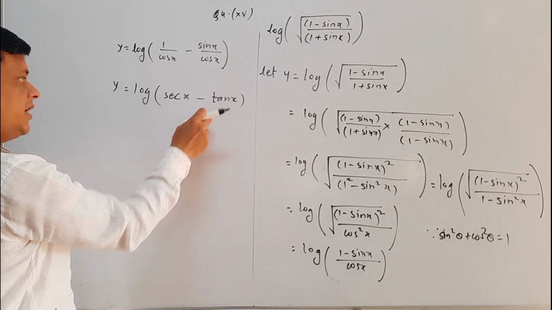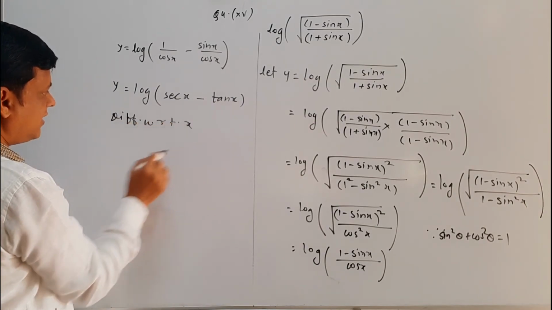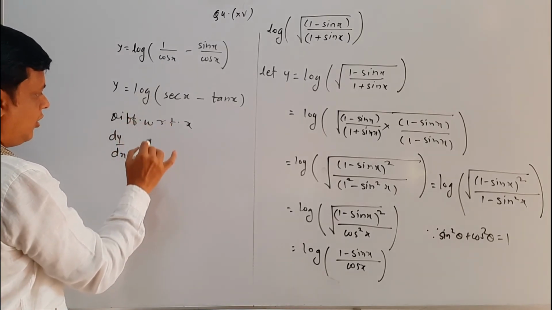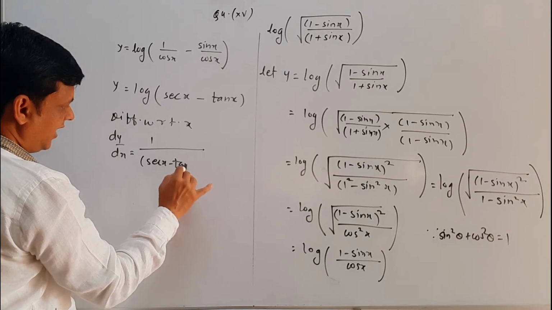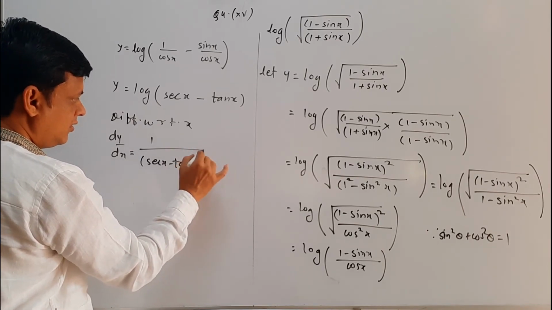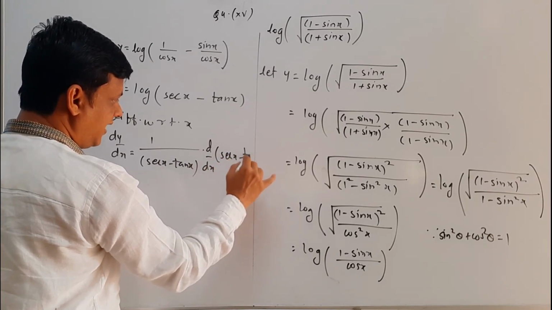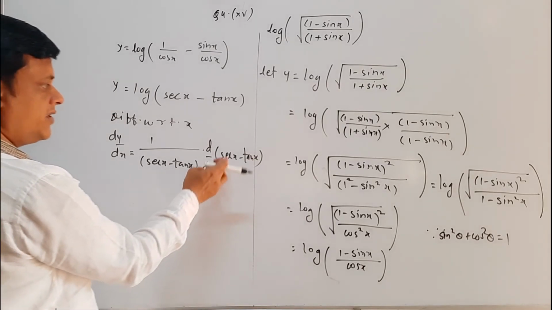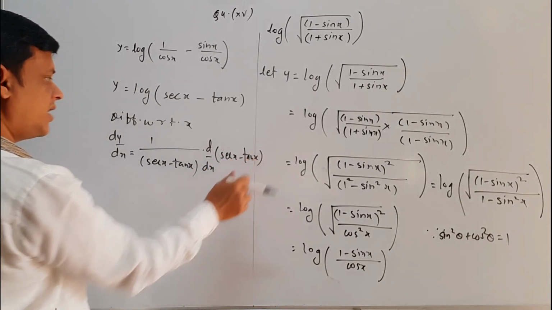So we differentiate it with respect to x. Derivative of y is dy by dx, derivative of log is 1 upon, so we write here 1 upon (sec x minus tan x) into d by dx of (sec x minus tan x). Now we have to differentiate the first function minus differentiate the second function.